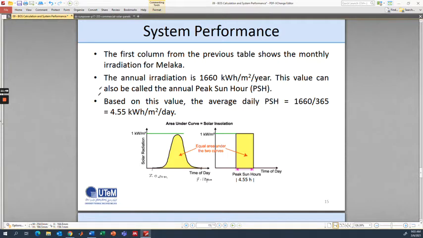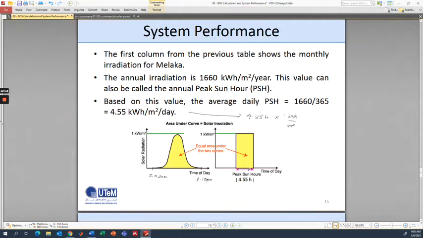Okay, so this value here, 4.55, is actually 4.55 hours times 1 kilowatt per meter square. This is what is meant by this part here.